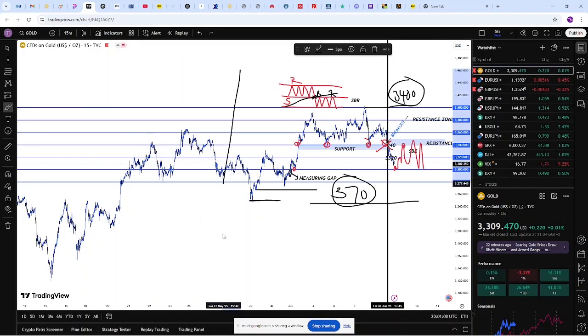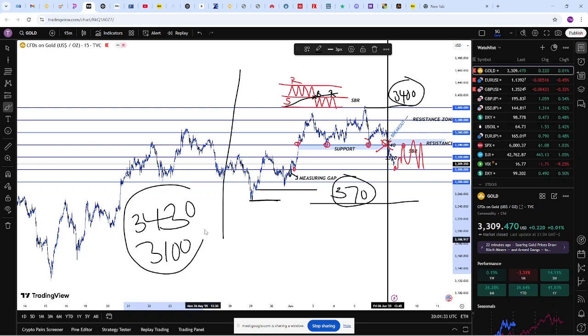They will be working with 3430, which is the resistance, and the support they will be working with is 3100. If you're a swing trader, these are your support and resistance.